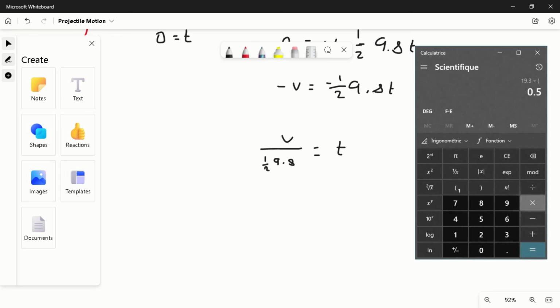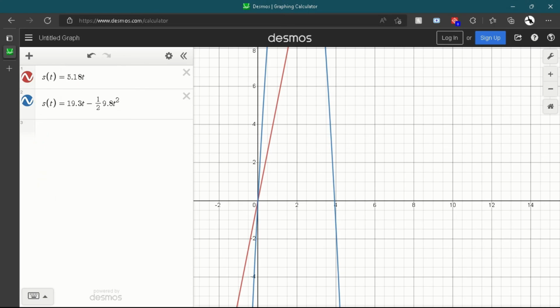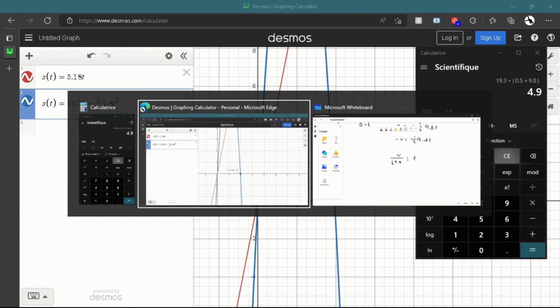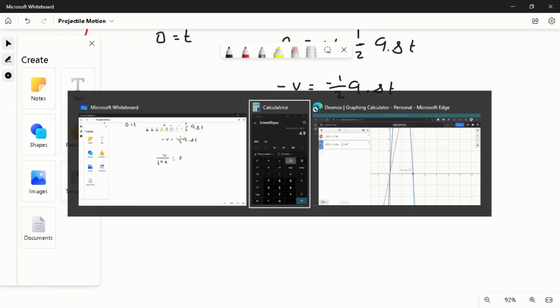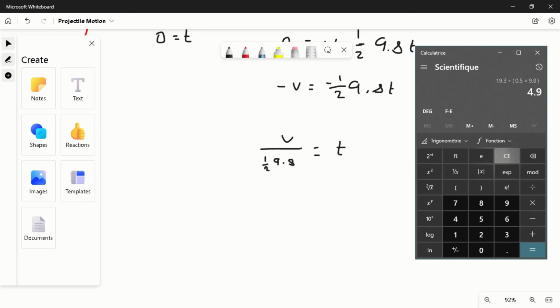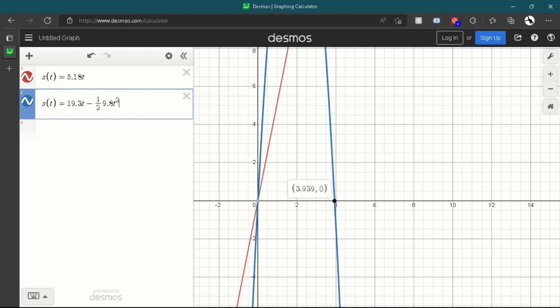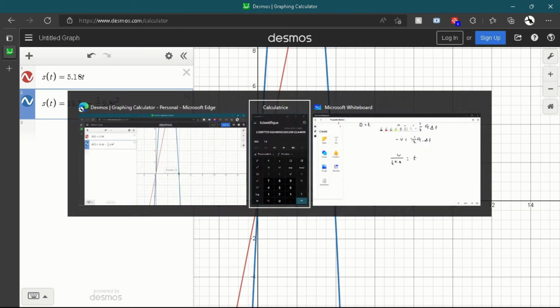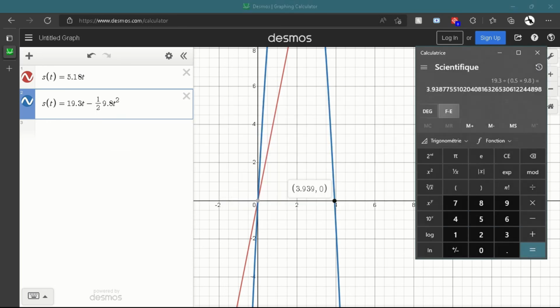So 0.5 times 9.8 gives 4.9, which is not what we expected. What's up with that? Oh, I keep forgetting to hit the equal sign. But 3.93, which is our second solution, matches up perfectly. 3.93 here, with decimals rounded after those significant figures.